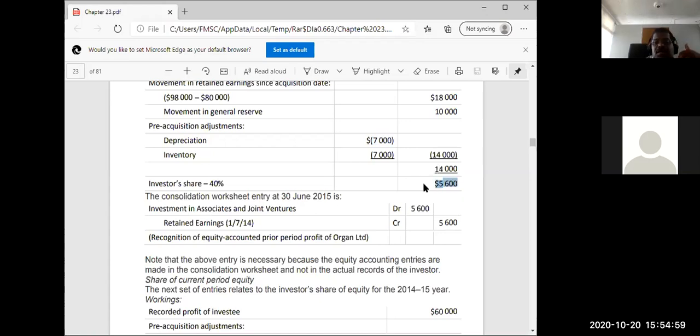How do you take the investor's share? 14,000 into 40%. 5,600 is the journal entry: investment in associate joint venture debit 5,600, and retained earnings increased by 5,600. That is the story. Is it clear?